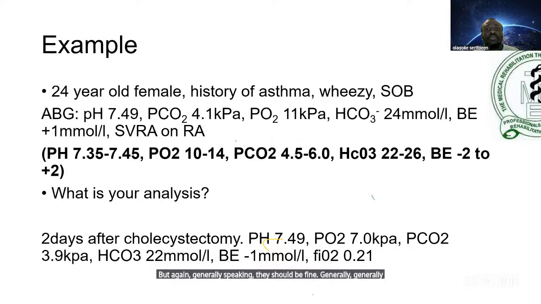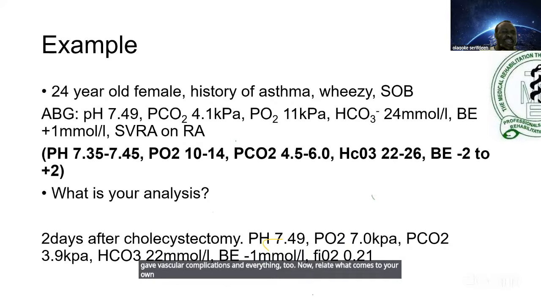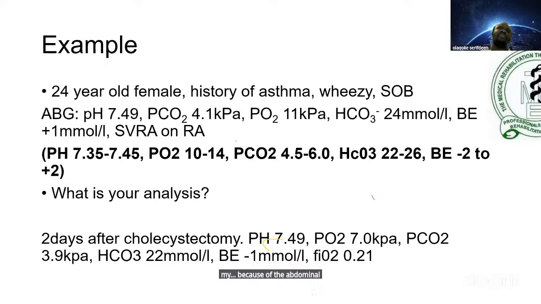But again, that does not mean that some people after that minor surgery will not still get chest complications and vascular complications and everything. So now, relate, 2 days after surgery, they might be in pain because of the abdominal surgery they have. We don't even know.